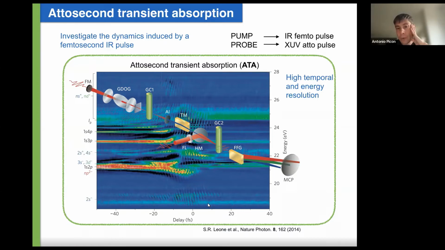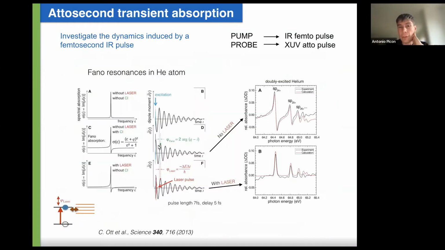And then your time resolution is kind of given by the time delay. But it's kind of tricky, because you can have an attosecond impulse here, but then you have a particular response of the system. If the system is still interacting with the laser that is coming later, it will also affect.